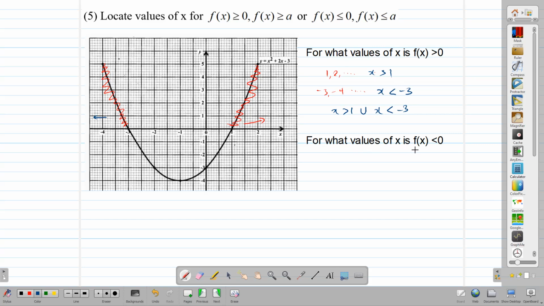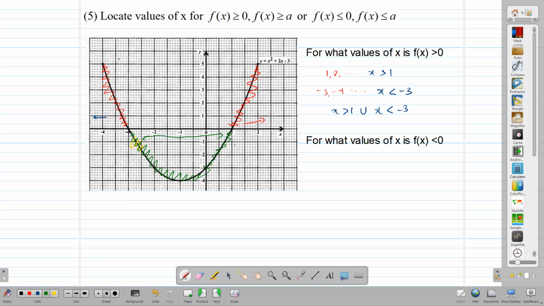For what values of x is the function less than 0? The function is less than 0 when you have negative numbers. So if you look at this part of the graph, all these numbers on this side of the graph are negative numbers. And this section of the x-axis defines all of them.